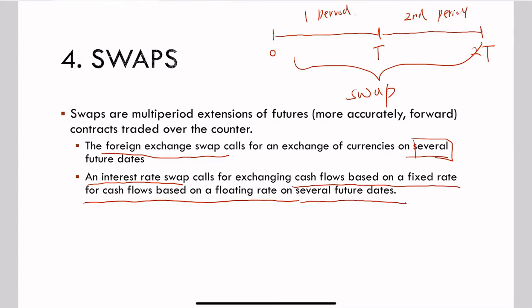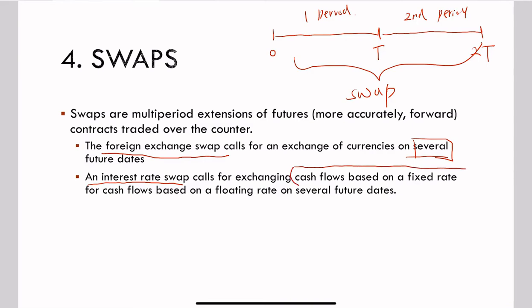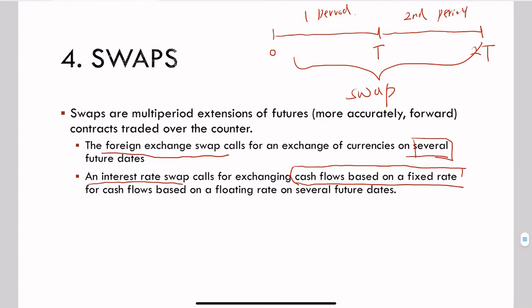I guess this sentence here is somewhat confusing. So let me put down some remarks here. So you're exchanging cash flow from a fixed rate for cash flow based on a floating rate.